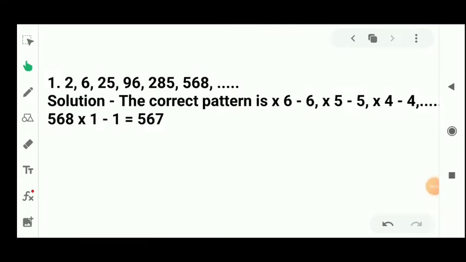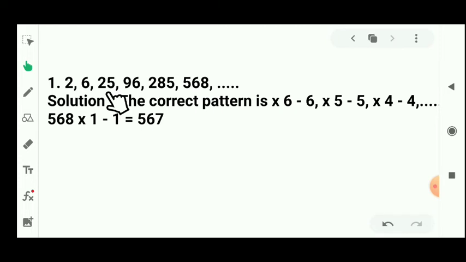Now all the students, let's see exercise number 19.2, question number 1. The series is 2, 6, 25, 96, 285 and 568. In this given series, the following pattern is there. Multiply by 2 and subtract 6... that means 2 multiplied by 6 is 12, 12 minus 6 is 6. Here you have to multiply by 5 minus 5, so 25 will remain.